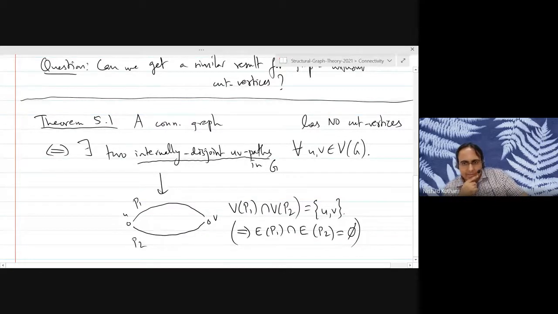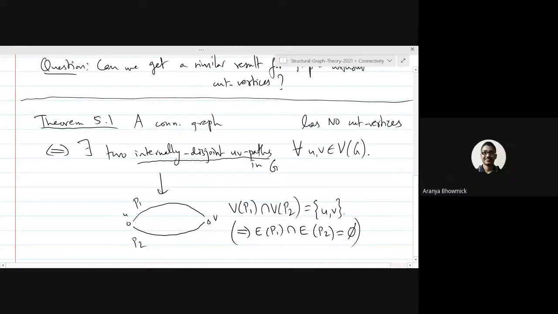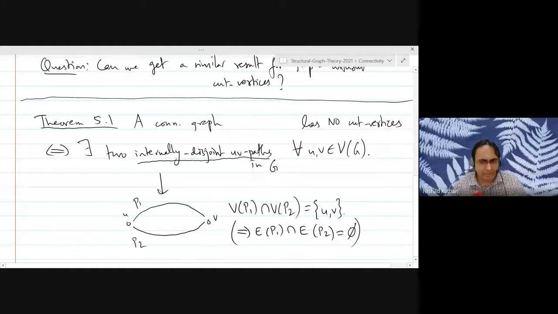Is this a correct statement as it is written? Can somebody give me a counter example to this statement? Which statement? This theorem as it is written, is it a correct statement? Or are there some small counter examples?